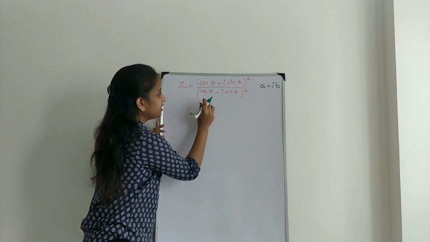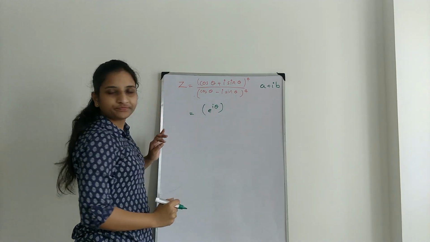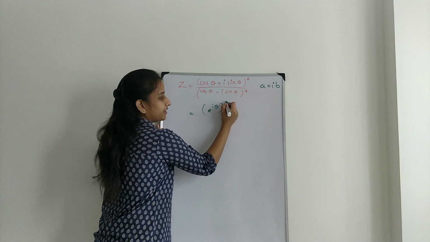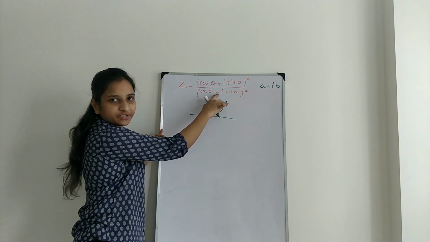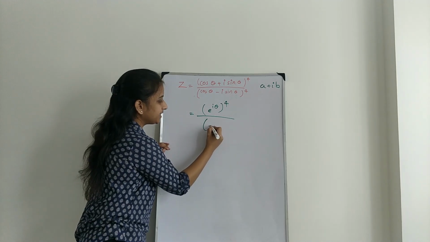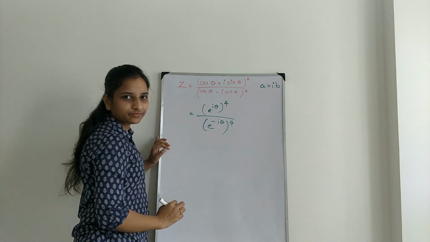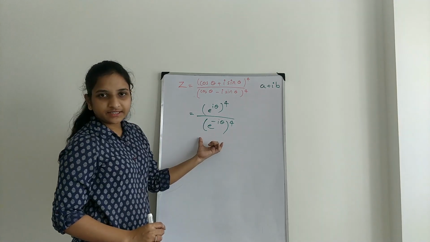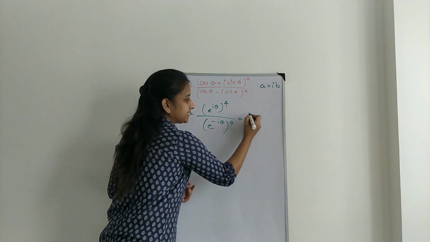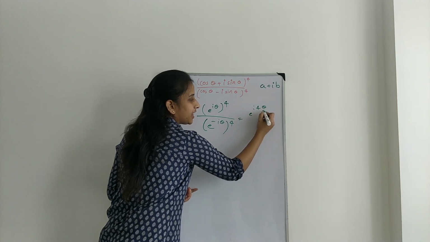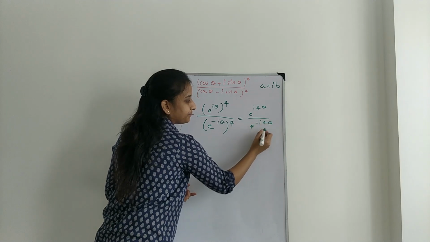So I am writing the numerator as e power i theta, standard form, whole to the power 4. Here in the denominator a negative is there, so I am writing e power minus i theta whole to the power 4. Then this division is easy, right? So simply power multiplication: e power i 4 theta divided by e power minus i 4 theta.